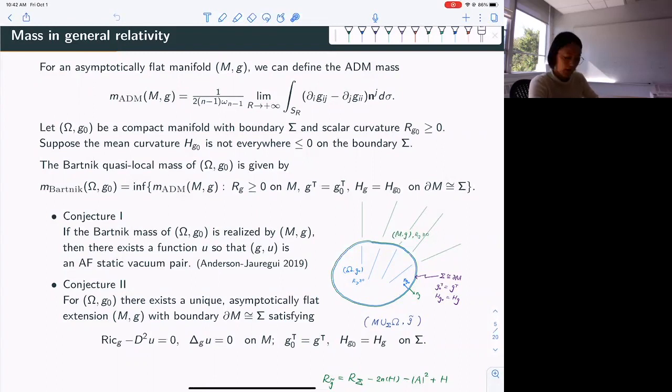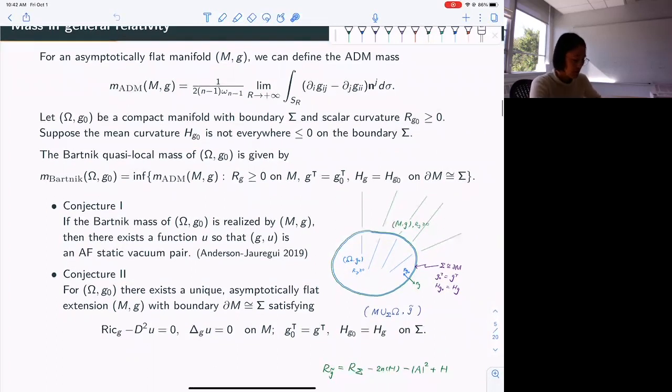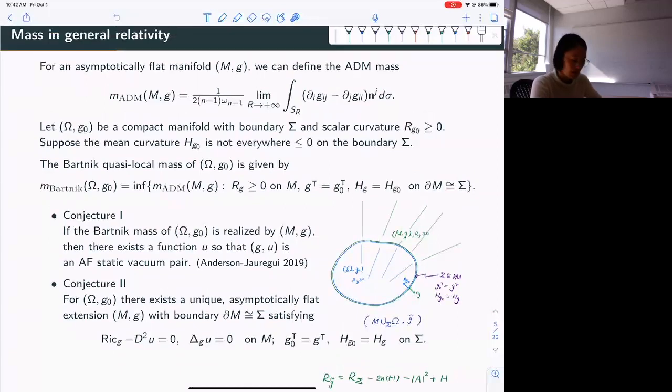Here we consider (Ω, g₀) as a compact manifold with non-empty boundary Σ. The scalar curvature is non-negative; we also impose the dominant energy condition on this g₀ metric. Then we can define the Bartnik mass of this compact manifold as here.